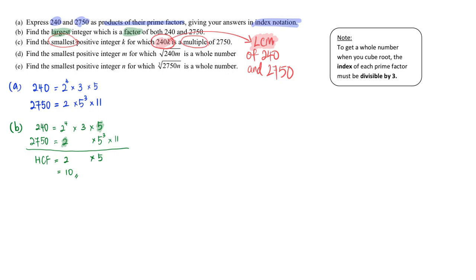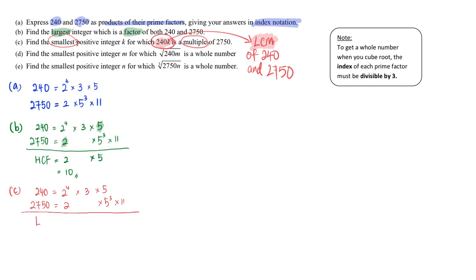This LCM is of 240 and 2750. So the first step for part C that will help us a lot is to first find the lowest common multiple of these two numbers.